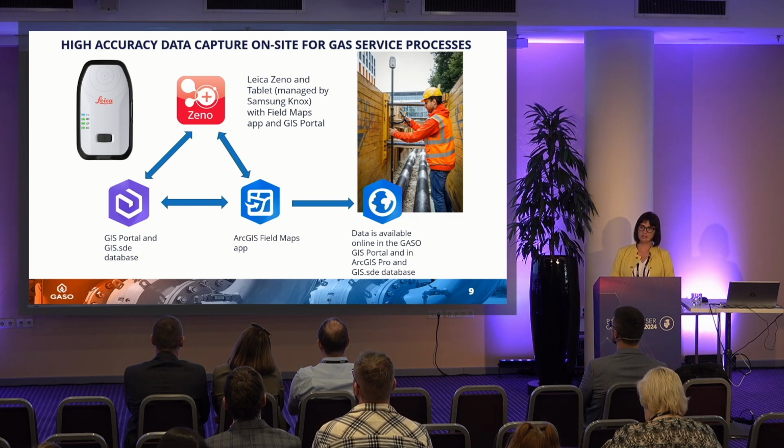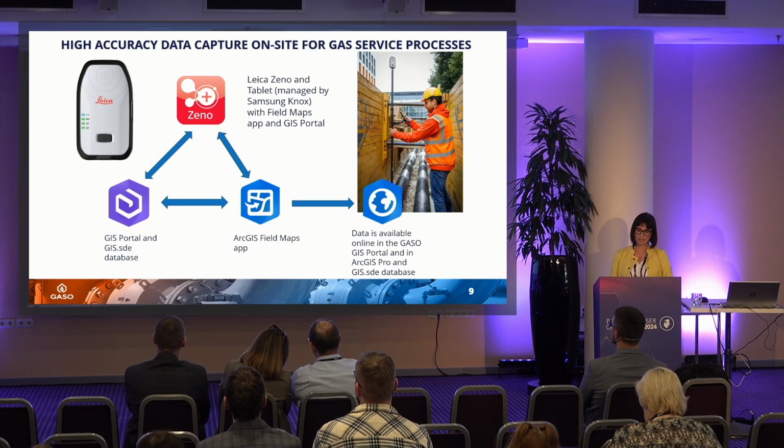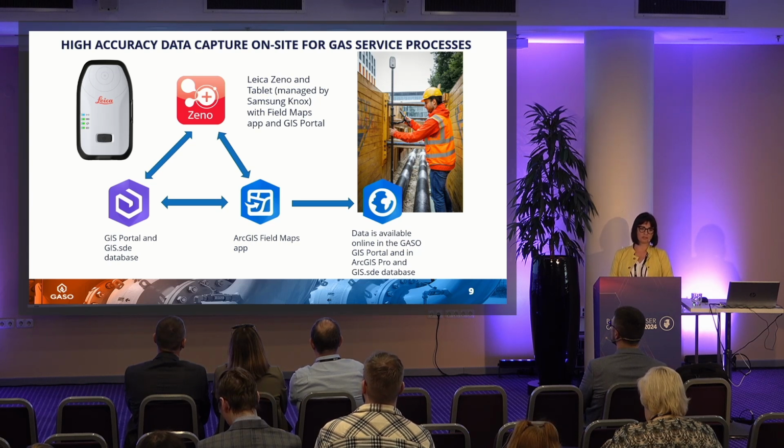In 2022, GASO replaced all the Trimble receivers with the Leica Zeno Smart cut antennas. This antenna captures the spatial data in a simple and very flexible way using the Esri Enterprise app Field Maps.